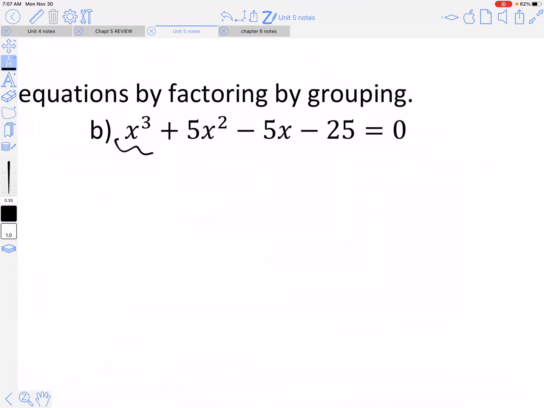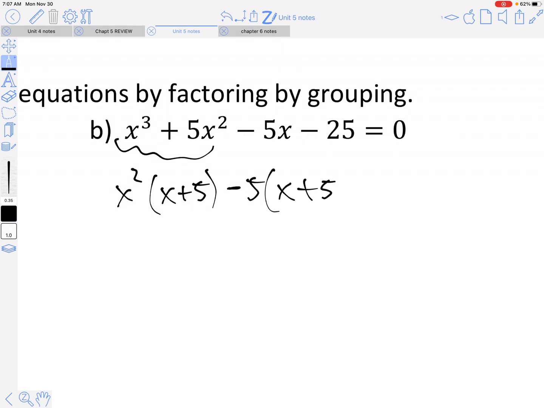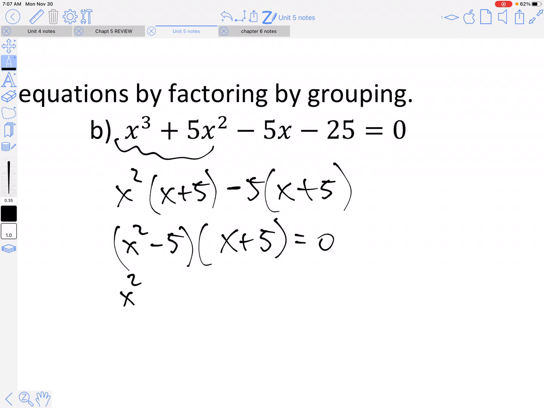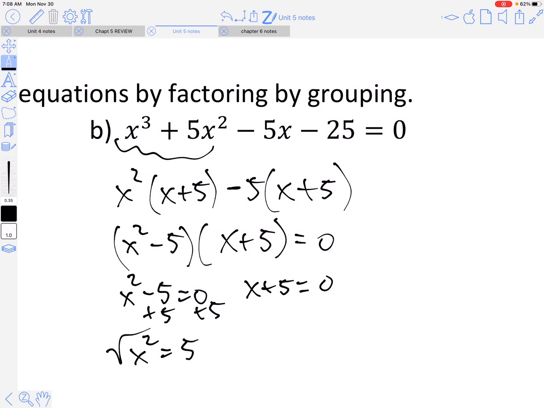Alright, here we go. Again, x squared, x plus 5, bring down the negative, they both have a 5, x, we pulled out the negative, so we have x squared minus 5, and x plus 5 equals 0. Set both equal to 0, add 5, we get x squared equals 5, take the square root.